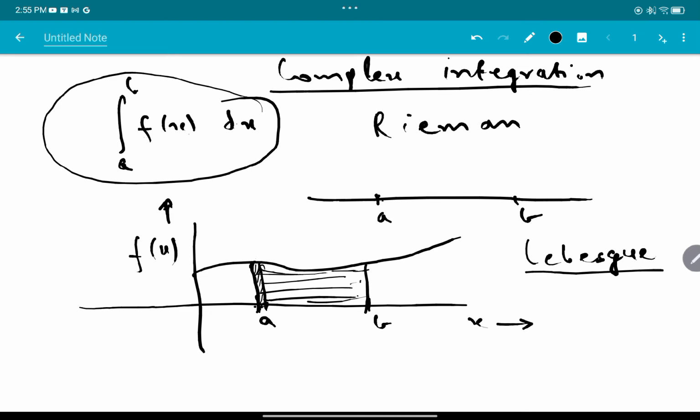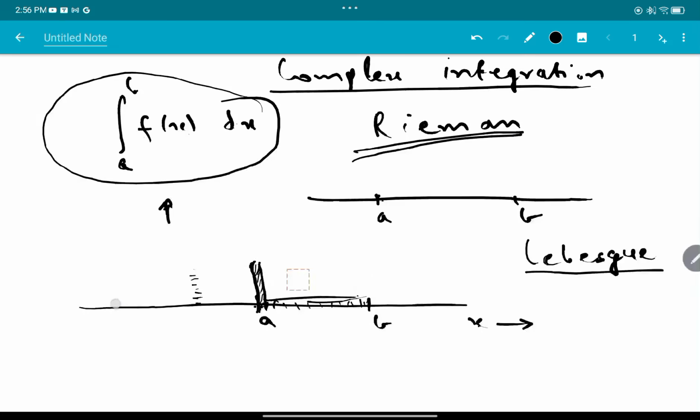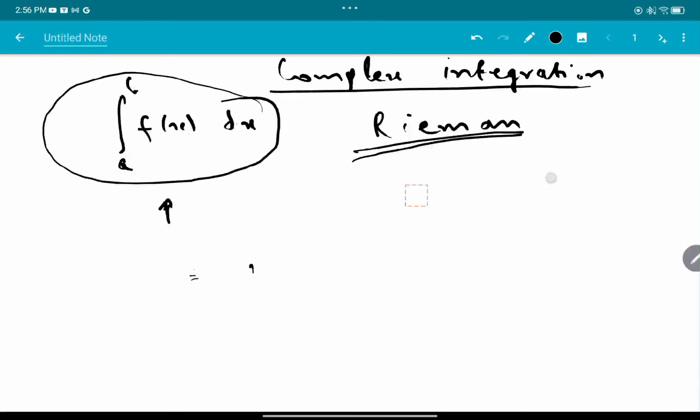In this integration, instead of dividing the x-axis into infinitesimally small pieces, Lebesgue integration divides f(x) into infinitesimally small pieces. Anyhow, we don't have Lebesgue integration in our syllabus here, so we will confine ourselves to the well-known Riemannian integration. Leaving this aside, let's move ahead.